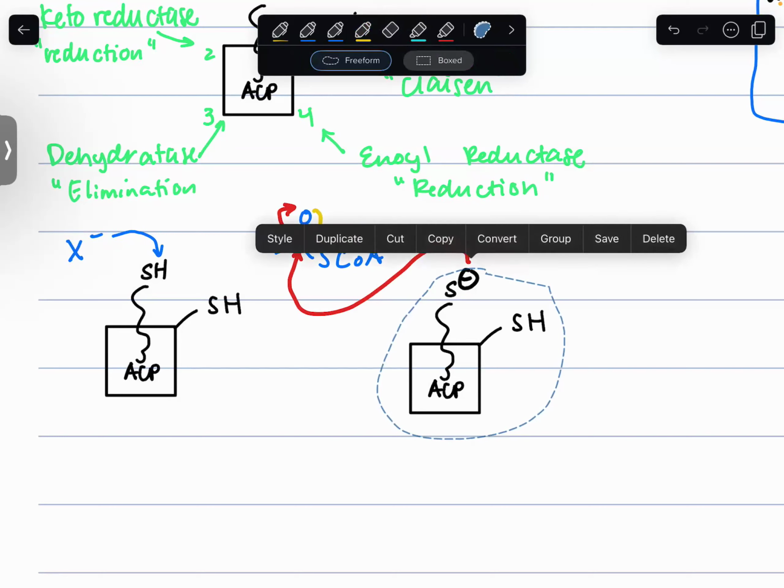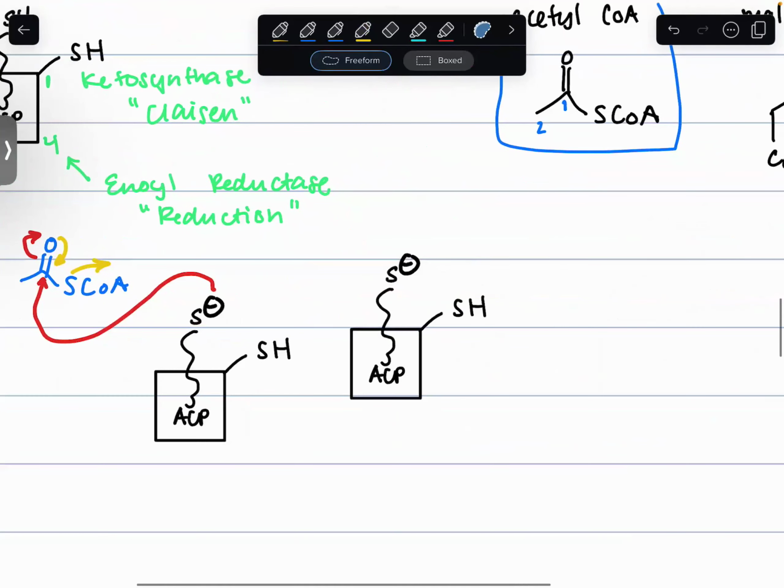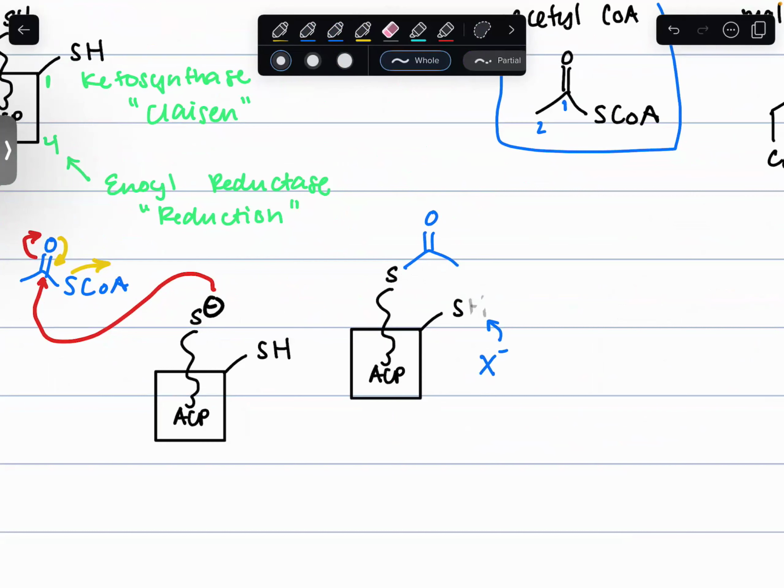So we get this. We are then going to pass this on to our first step. So we're going to have another base come in, deprotonate that. I'm just going to erase it, put the negative. This is going to attack our carbonyl, make a tetrahedral intermediate, and then kick it off.